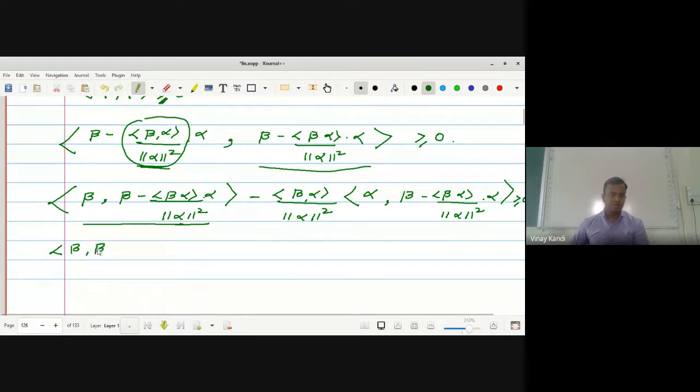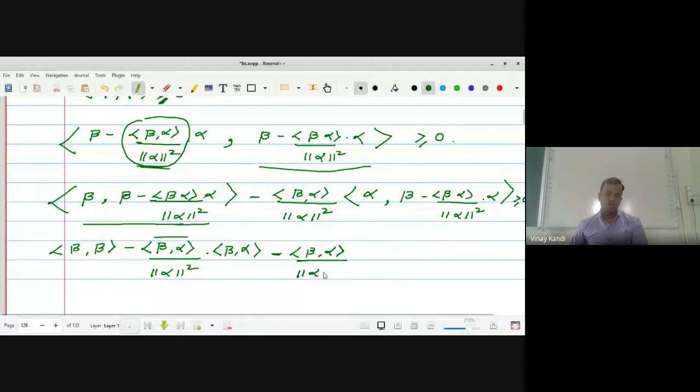Inner product of beta minus this one is beta, inner product of beta alpha bar divided by norm alpha square, into inner product of beta alpha. Is it correct? Yes, sir. For this one, now this constant is as it is: beta alpha divided by norm alpha square.